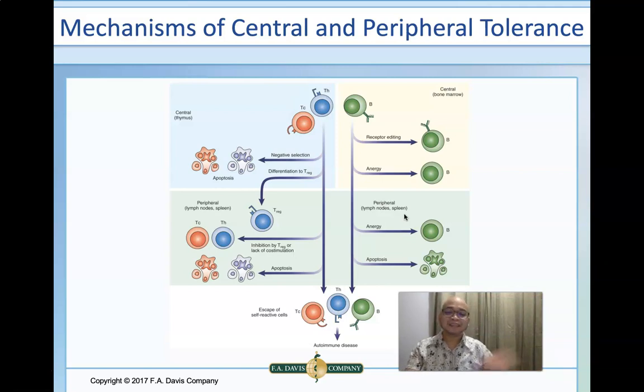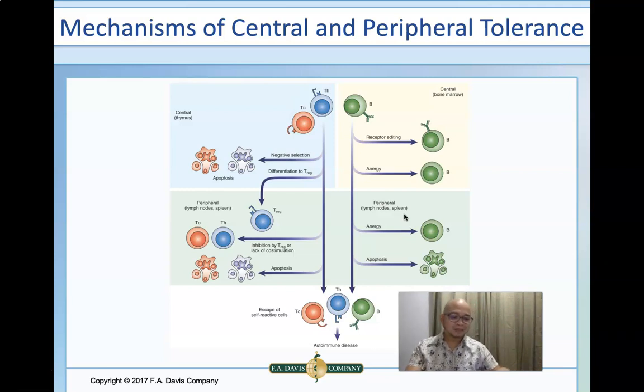Great. In some individuals, self-tolerance can fail even after this second layer of protection, even after peripheral tolerance. If this happens, autoimmunity can arise. The development of autoimmune disease is thought to be caused by complex interactions between many factors, such as genetic predisposition, exposure to environmental factors, and even defects in immune regulation, like the ones you can see here in the illustration.